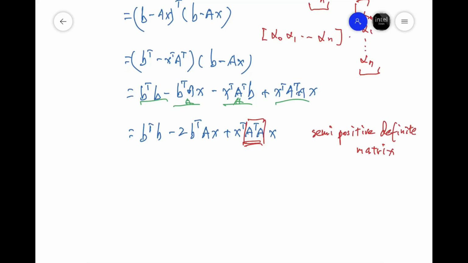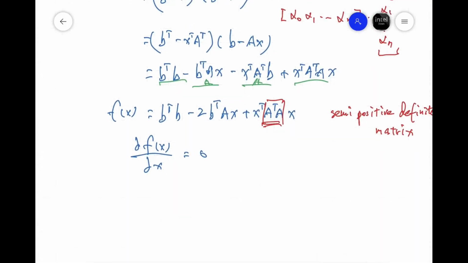Okay, as we said, we want to calculate the derivative of this guy. So let's call our function f(x), and what we want to do is we want to calculate the derivative of f(x) over x, and we want to set the derivative to 0. Okay, before we do that, first let me introduce two rules which will help the derivation.